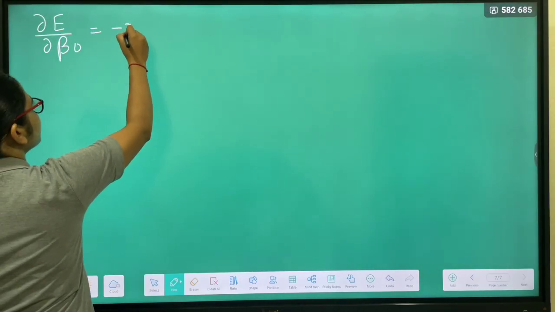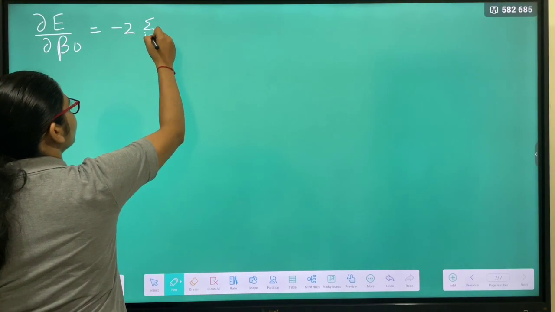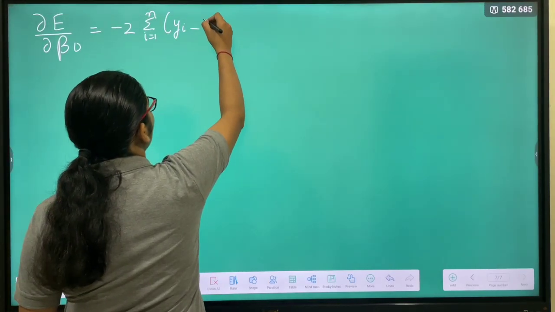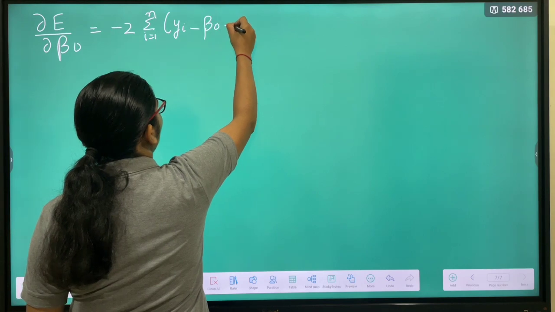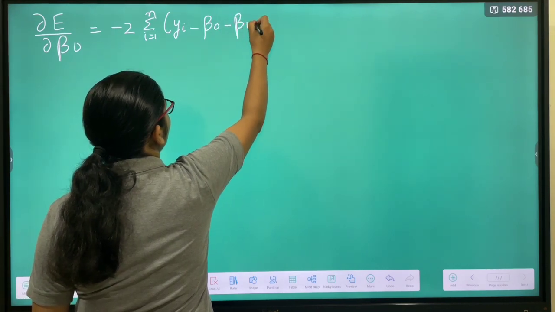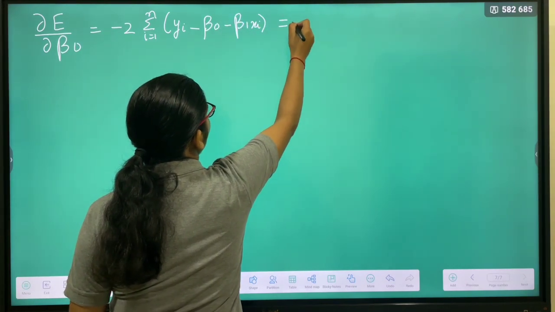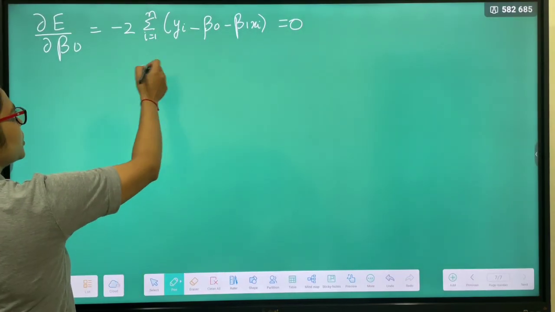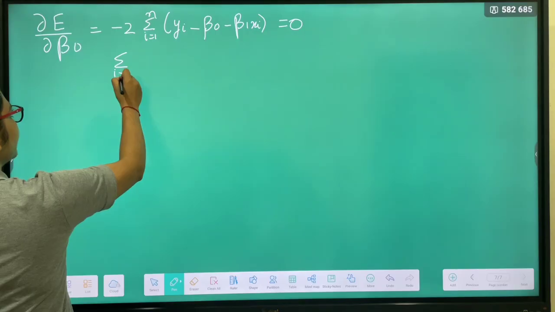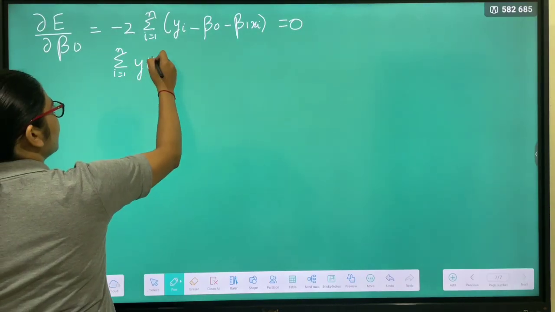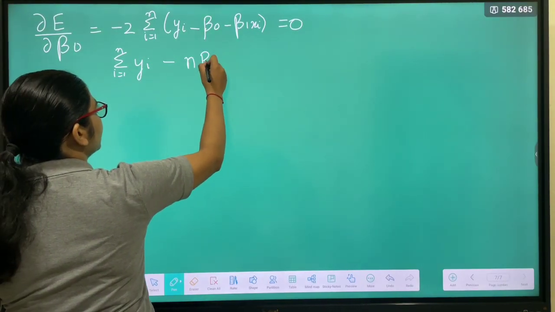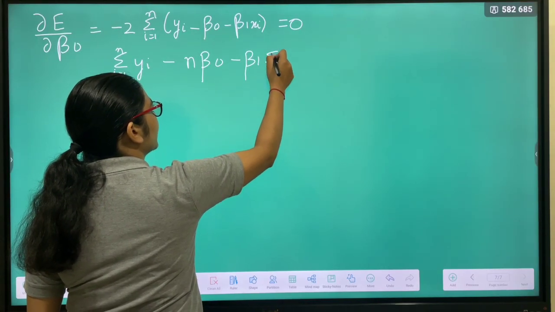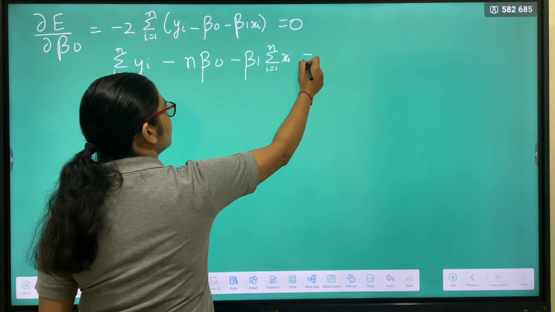we will get minus 2 summation i goes from 1 to n of yi minus beta naught minus beta 1 xi equals 0. Taking the summation inside, we will get summation yi minus n beta naught minus beta 1 summation xi equals 0.